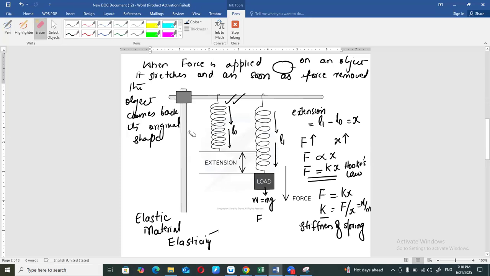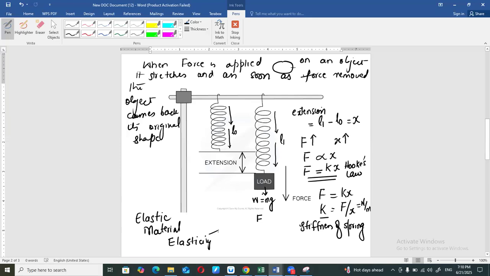So the question arises, how long will this elastic behavior of this particular spring last? You keep increasing the force, and once you remove the load, it goes back to its original shape, as we are talking about. But will it be forever?